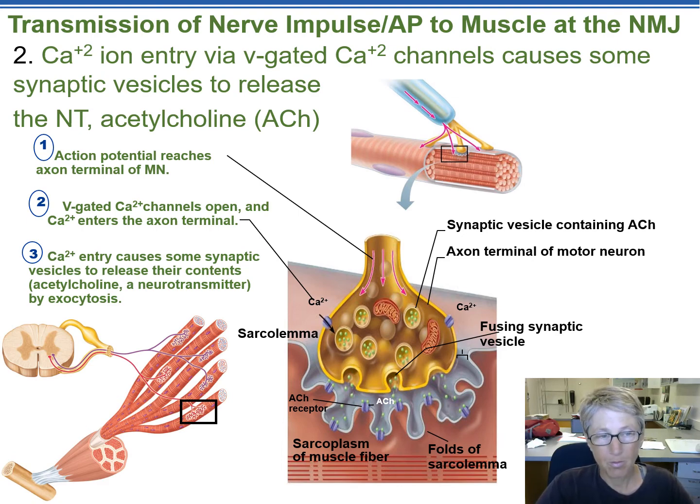The previous slide was step 1 in the neuromuscular junction events. This is step 2. So calcium ion entry, and actually I just talked about that in the last slide, but calcium entry, a bunch of biochemistry, causes release of acetylcholine into the synaptic cleft.